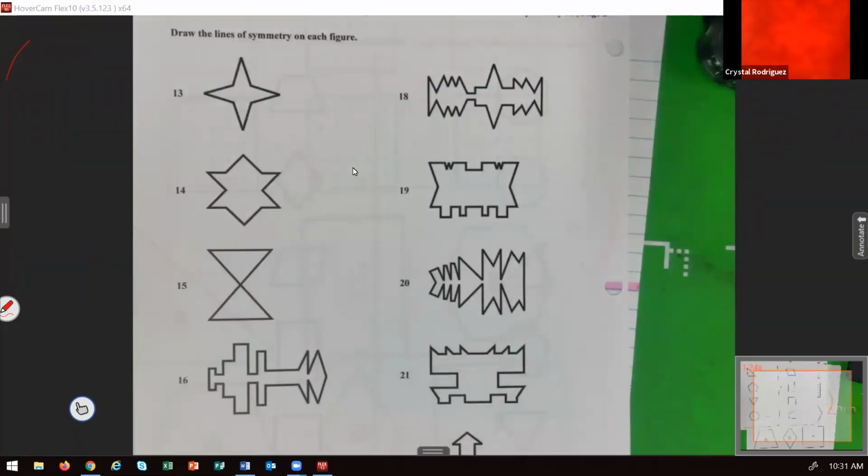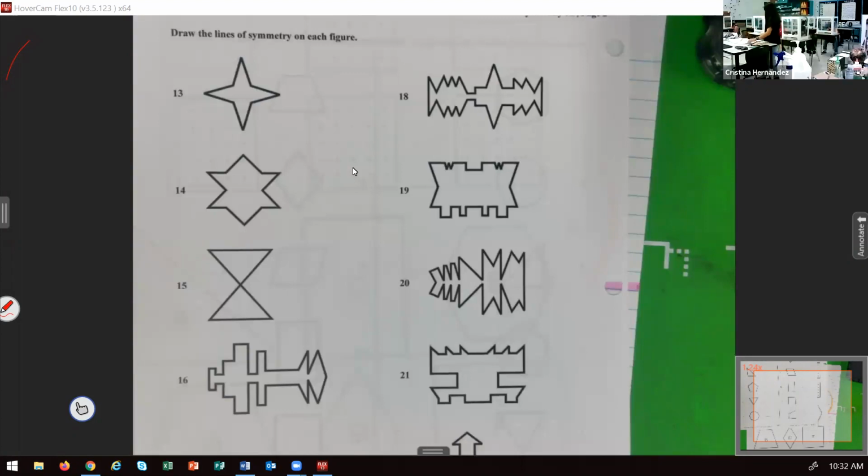I lost my face. Thirteen appears to be, I don't know what it is. Trying to organize my pages.